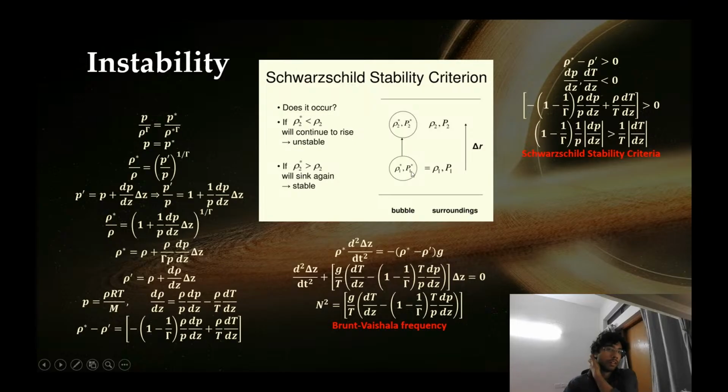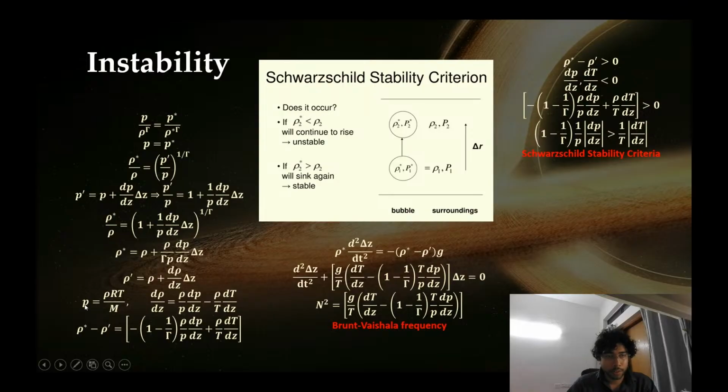So that should be mentioned, right? We get rho star, the density of the bubble after moving it to position 2, and rho prime, the density of the surroundings at this position, is given again by a Taylor series expansion: rho plus d rho/dz delta z.